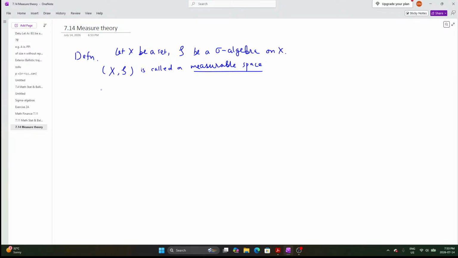If E is in script S, E is called an S measurable set, or simply a measurable set if S is clear from context.